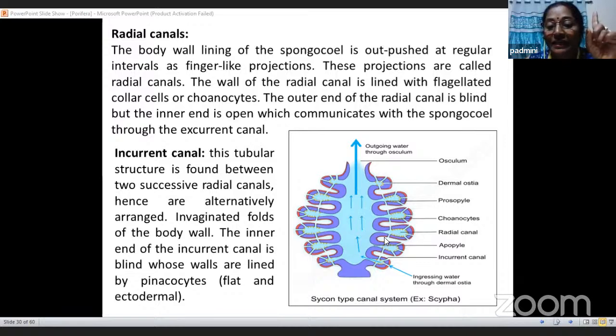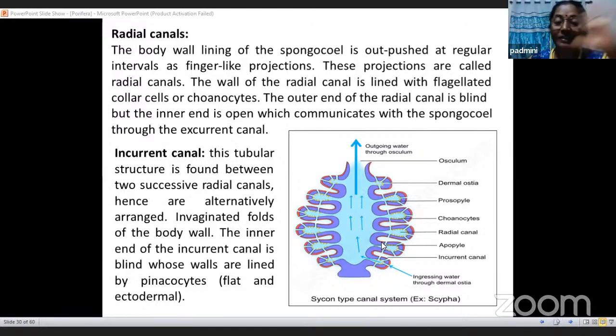So this is the incurrent canal. The incurrent canal has ostia-like openings, and this opening is called a prosopyle. This prosopyle opens inside through a narrow opening towards the gastric cavity or the internal cavity through a pore called apopyle.